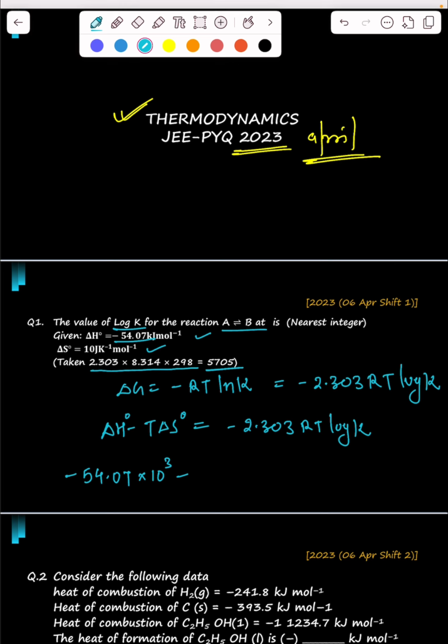Temperature is how much? That is 298 is given, and S value is given 10 joule. Unit you have to check, it should be same. And ये पूरा value दिया हुआ है 5705. Okay, so it becomes 5705.